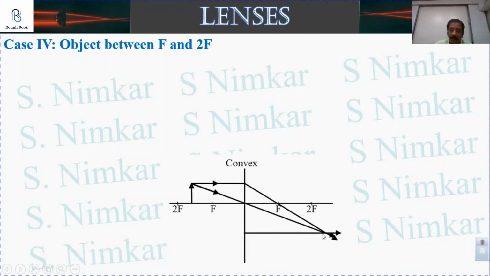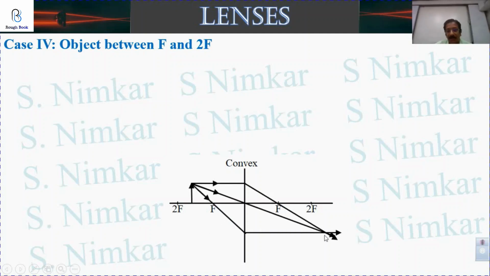Now, if the third ray has to be drawn, then it is the ray passing through the focus, which after refraction travels parallel. So I am drawing the refracted ray first, and then I will join this point to the tip of the object. If your working is accurate, it will pass through f. If it doesn't, wherever the line cuts, shift the focus to that point.